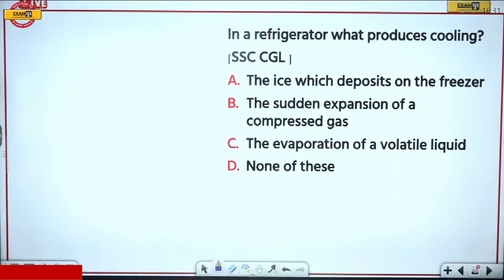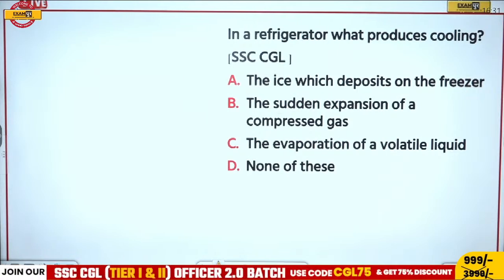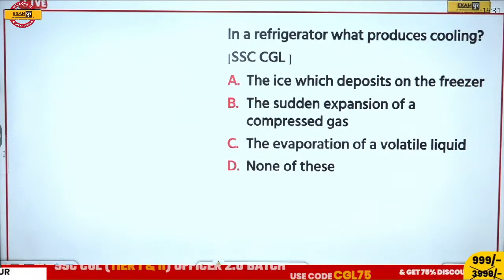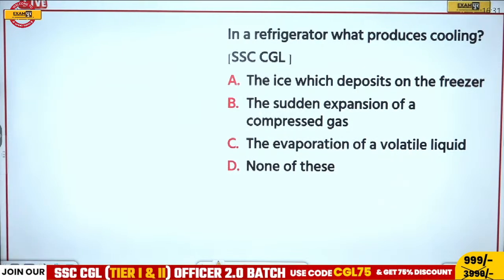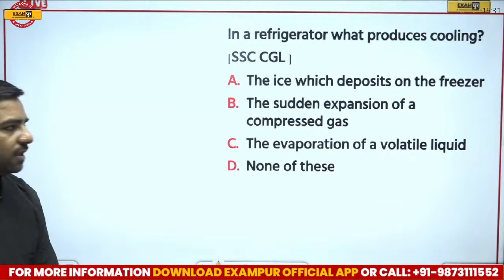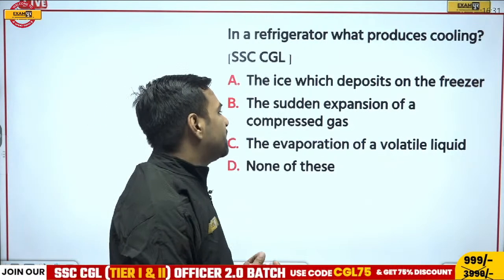So still waiting for the answer. Gopinath is the first one to answer this, that it would be B. Vikram is also going with B. Amrish is with B, and Aarti is also with B. And that's totally correct. Here, there's a sudden expansion of the compressed gas.